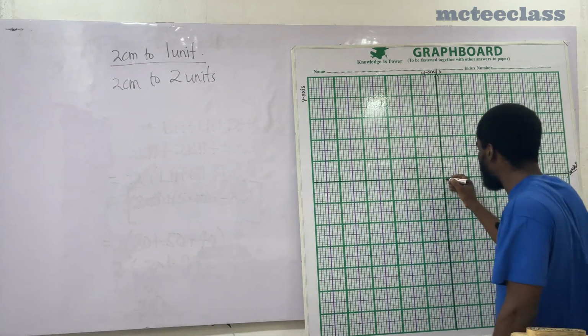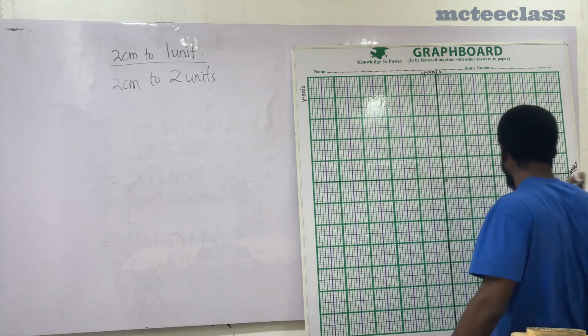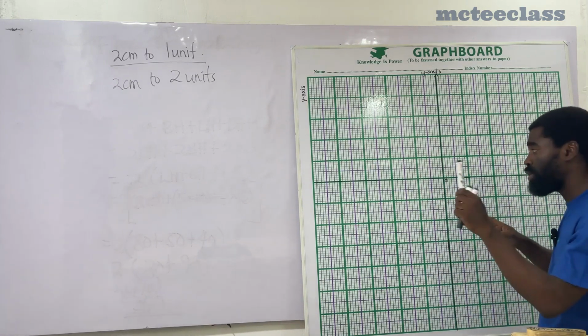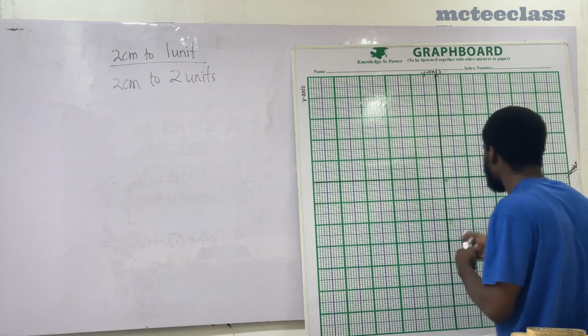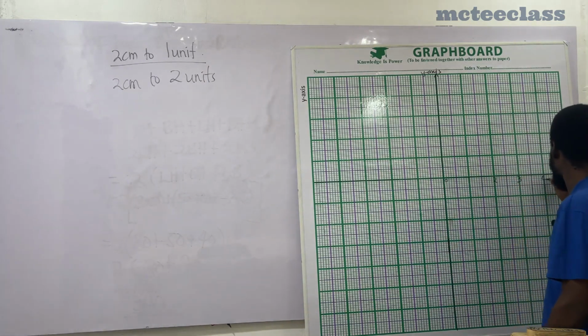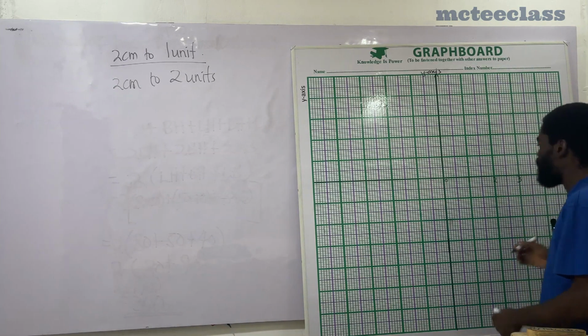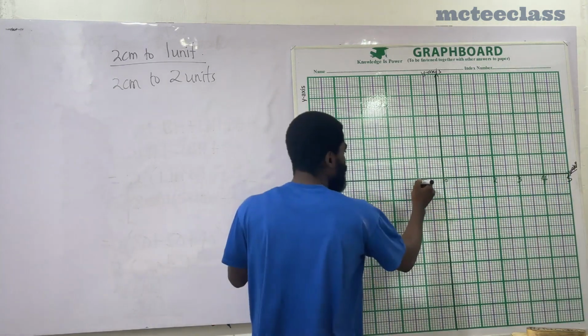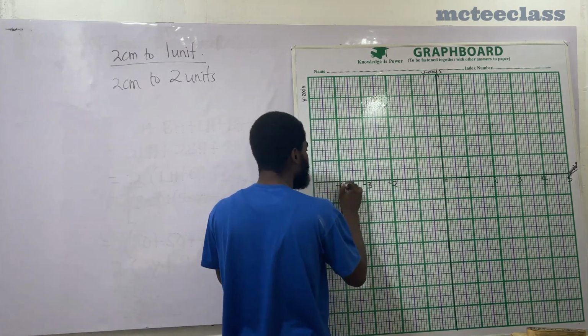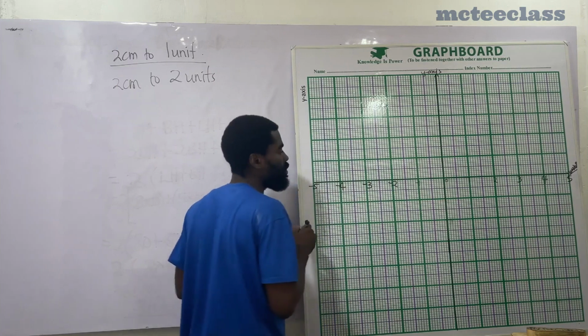So for the x-axis, I have 0 here. The positives will be on this side and the negative on that side. So using a scale of 2 centimeters to 1 unit, we'll have 1, 2, 3, 4, and 5. And this one gives me -1, -2, -3, -4, negative 5.